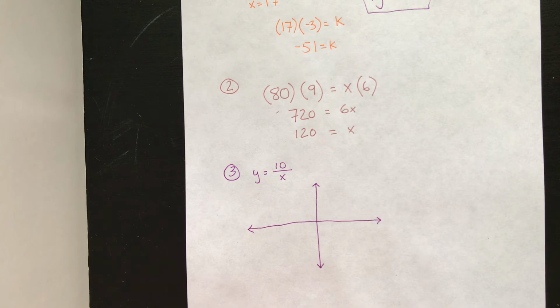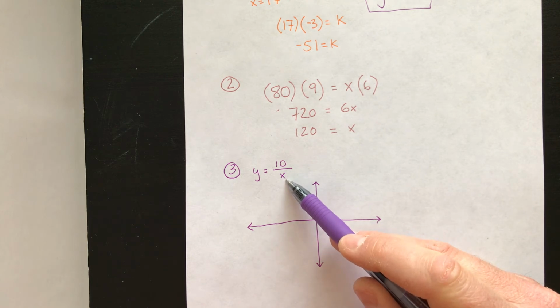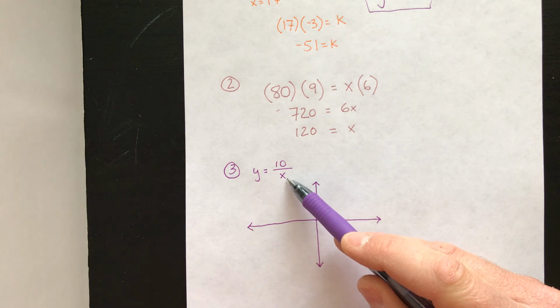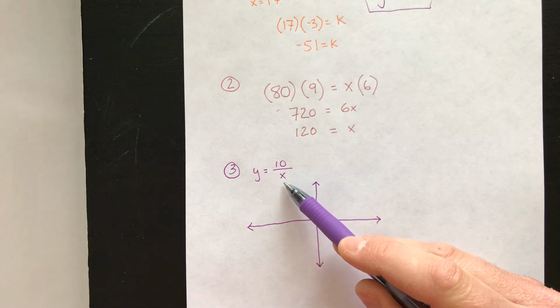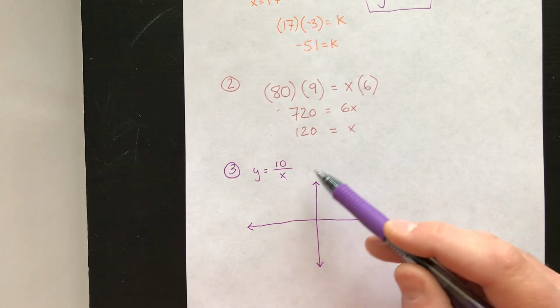You're going to have areas of your graph that are undefined, because what happens on a t-table if you were to put a 0 in for x? It's undefined. It's in the denominator. So we're never going near 0. So you can have one of two graphs.